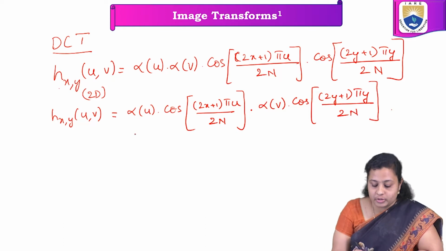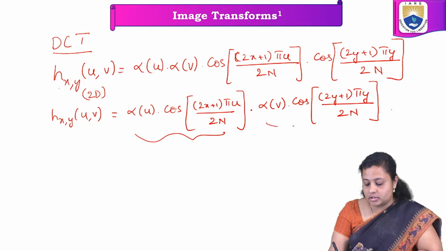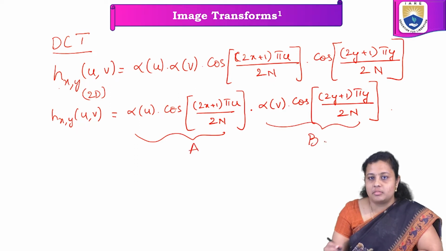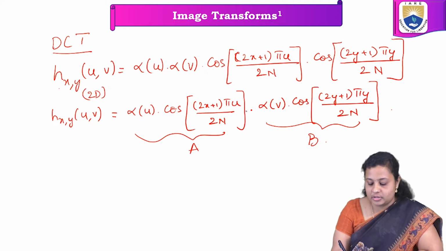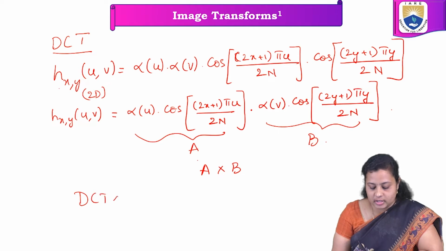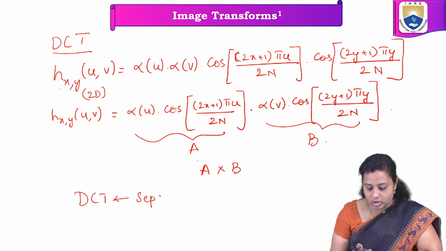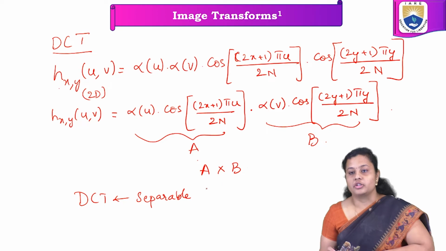Right? So, this is one function and this is the second function. So, if I represent the functions as a and b, then I can represent my 2D DCT function as multiplication of a into b. Right? So, that is why we call the DCT function as separable. We call it as separable functions.